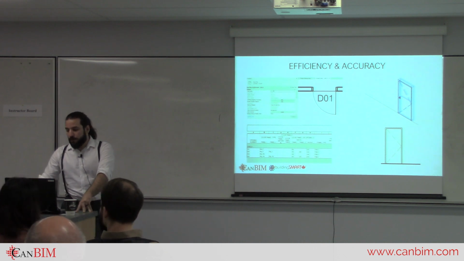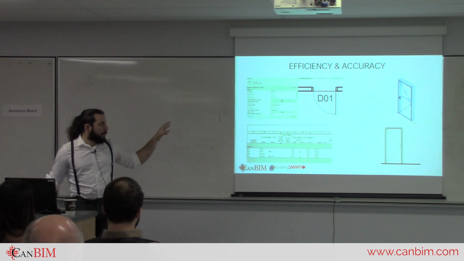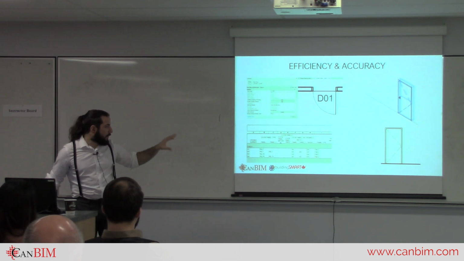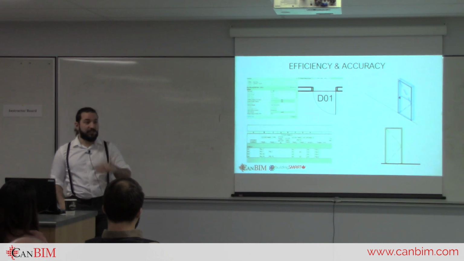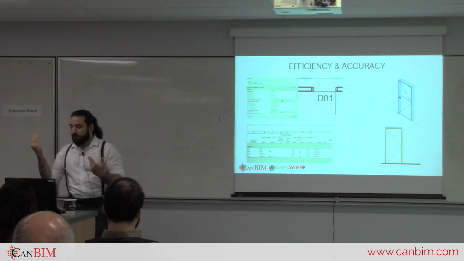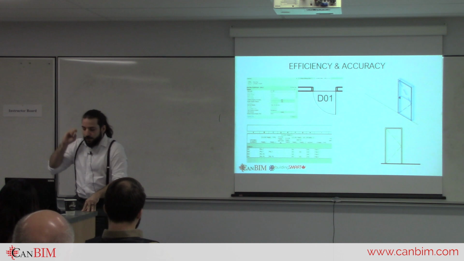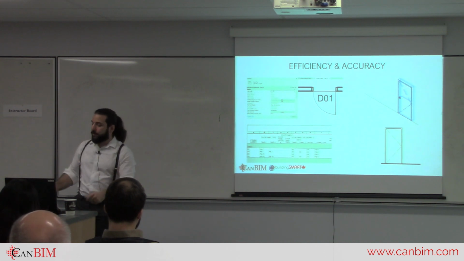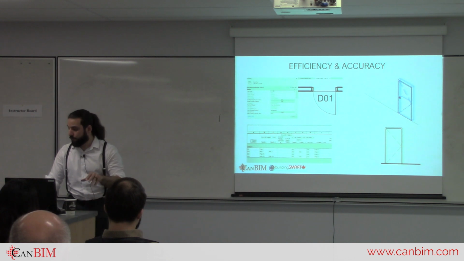But the whole idea is, if I place a door, it's going to look like the same door in 3D, in section, in elevation, and in the schedule, it will have the same information. So I don't need to worry about, oh, I moved this door, I need to move this in the section or elevation as well, and who knows in how many of those it appears. It relieves us from thinking about that when we do things right.